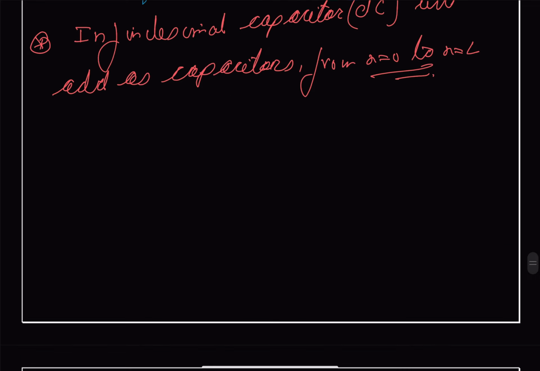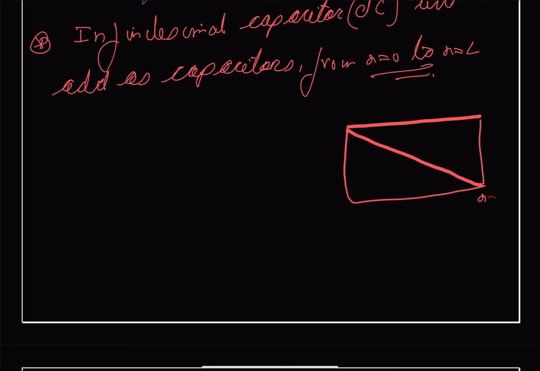So we can just draw approximately here also. So this is our x equal to 0 and this is our x equal to L, and we can consider these small portions, these are our first DC, and similarly we can draw a second DC small portion, and similarly the third one, and this will be continuously added up till the last one.